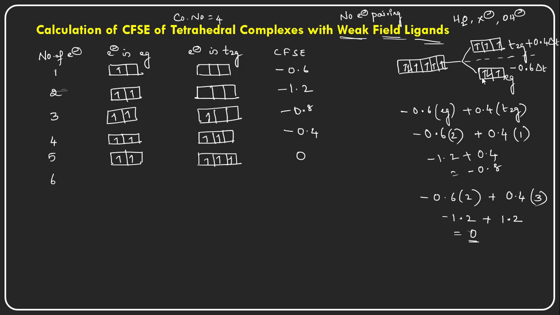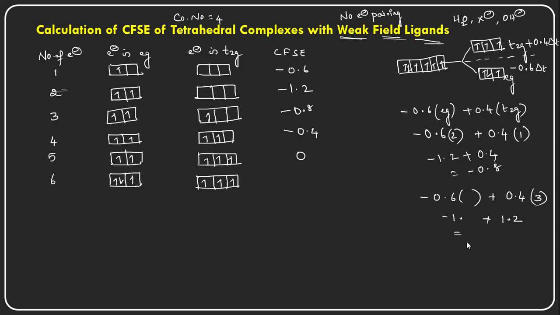So the sixth electron will enter into the Eg orbital only. So here one pair is there, one unpaired electron is there, and 3 unpaired electrons are there, right?